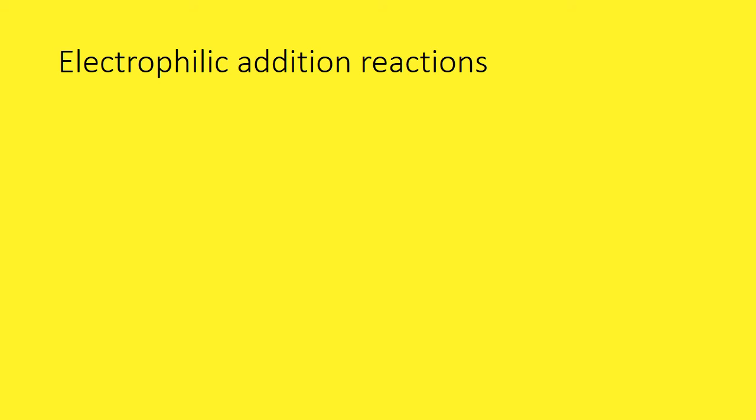And addition reactions we came across at GCSE, where you get a molecule like bromine, for example, which attacks the double bond in the alkene, and you just add the bromine molecule onto the alkene and get, in that case, a bromoalkane. So the addition word comes from the fact that you're just starting off with 2 reactants and you're making 1 product. So let's summarize that by saying 2 reactants into 1, usually.